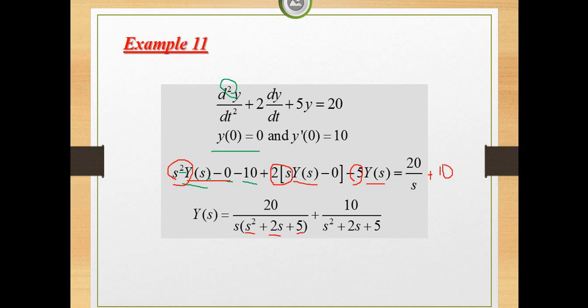And that 10 will be divided by the factor which I have mentioned, s squared plus 2s plus 5. Okay, so that's it. This is the divisor. The 10 was divided by this, and so you have this. The 20 over s was further divided by s squared plus 2s plus 5.